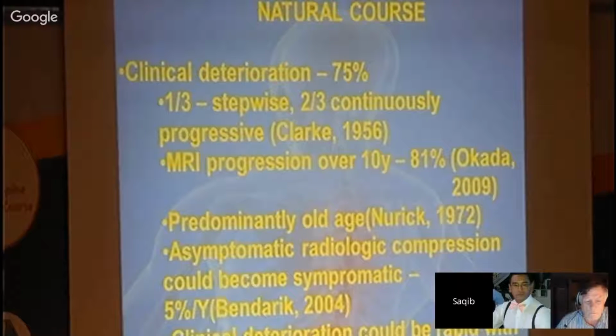The asymptomatic radiologic compression will progress at a rate of 5% per year. And clinical deterioration could also be rapid. And if it's progressing rapidly, usually you will have no recovery of the symptoms. So if you see that, you have to act fast.